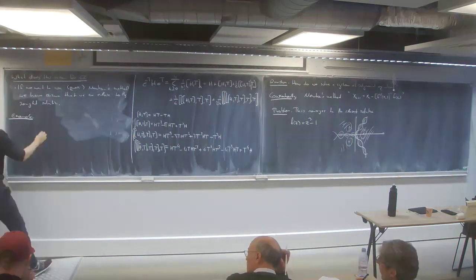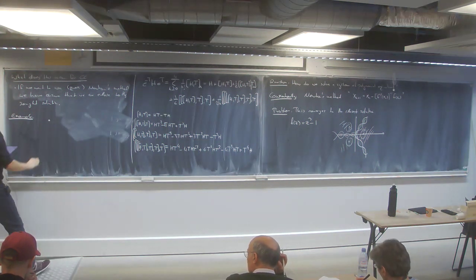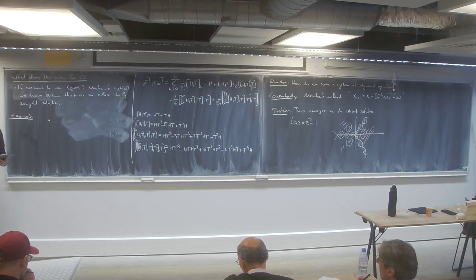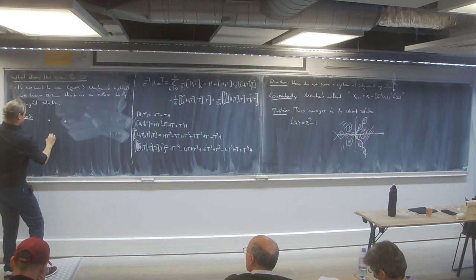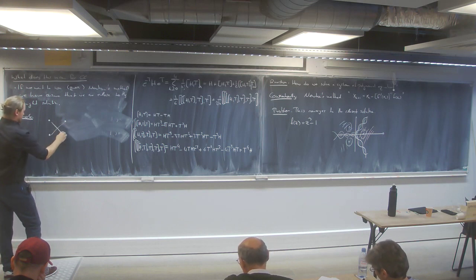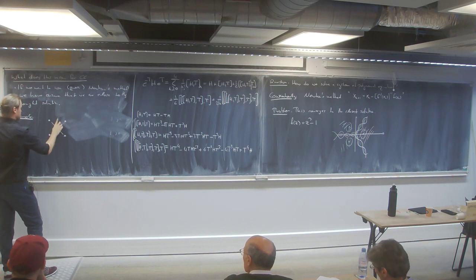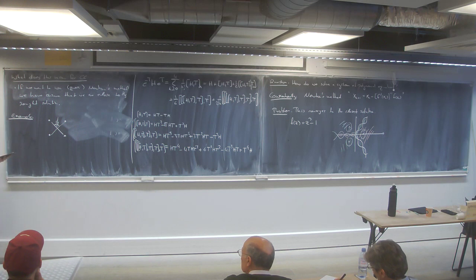So one example could be we take a version of H4. Take 4 hydrogen atoms and put them on a square, so like a 90-degree angle here, and some bond length here.